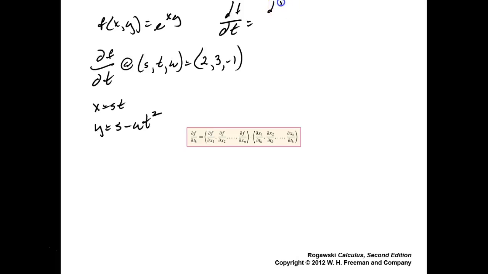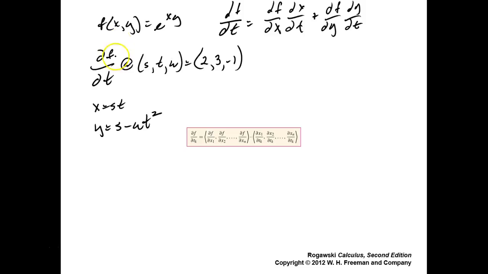Partial of f with respect to x times x with respect to t, plus partial of f with respect to y times partial of y with respect to t. Exactly. We don't have to worry about the s and the u at all. We're only dealing with the t's here.